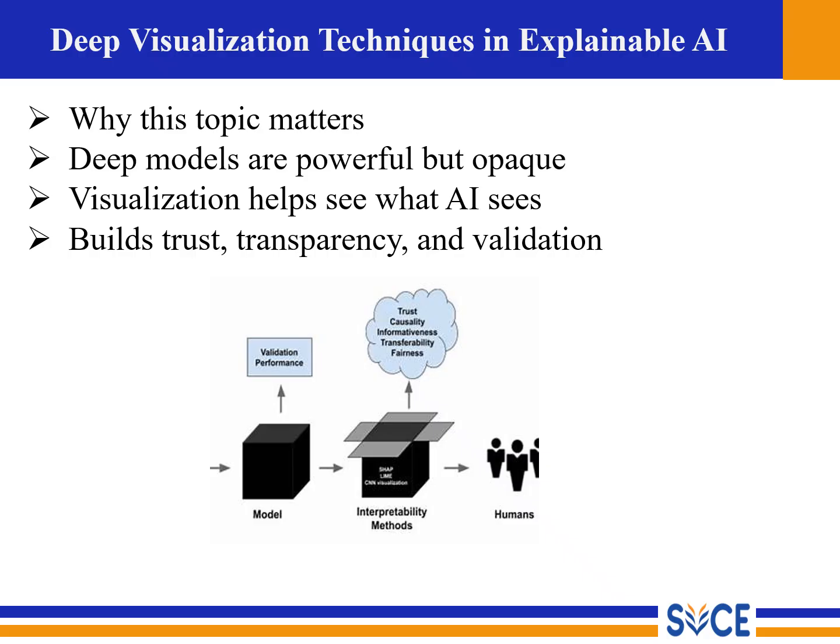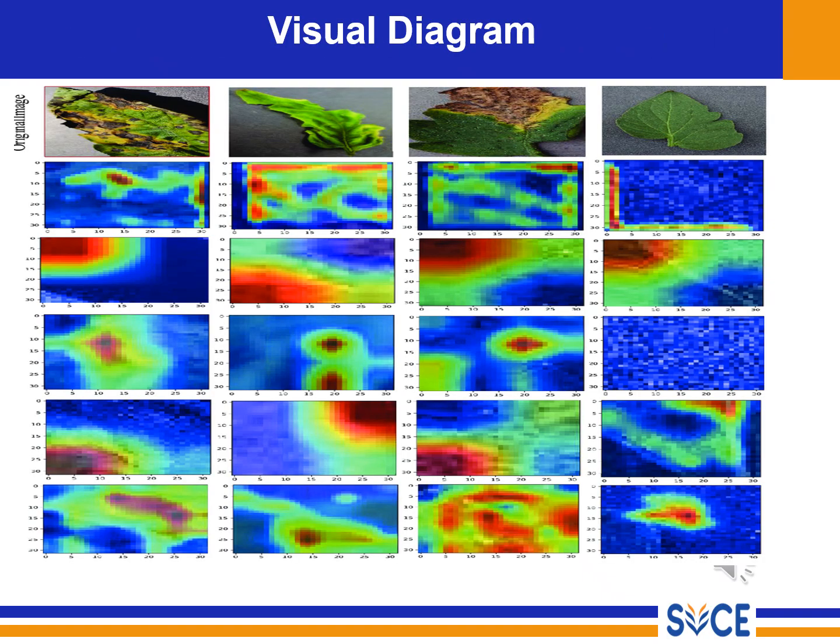Visualization helps us identify whether the model is focusing on the correct features or not. It essentially answers the question, what is happening inside the model, by making AI decisions visible. Deep visualization bridges the gap between machine intelligence and human understanding. We can move to the next slide.